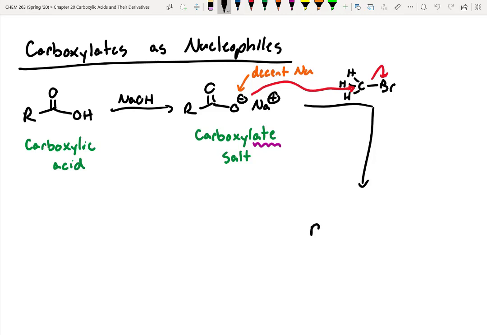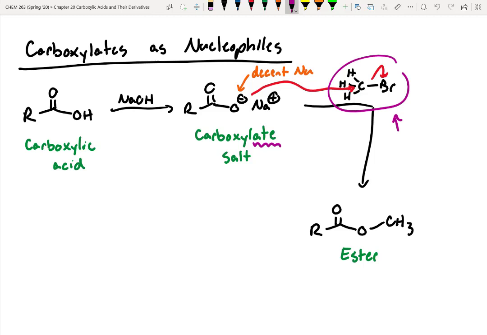And as you can imagine, when you're done with this, you could stop at something like an ester. The key thing with this, though, is that the SN2 reaction must be done with a primary or methyl alkyl halide.